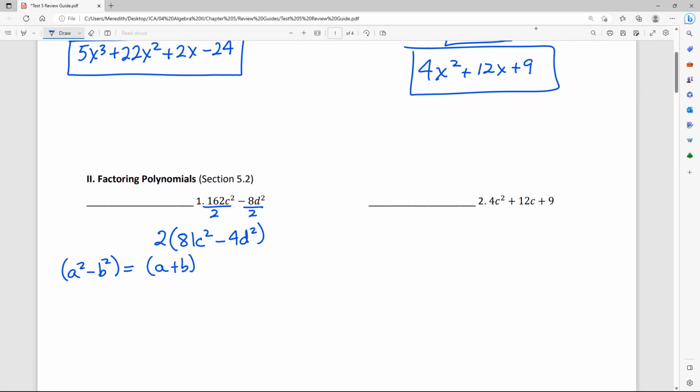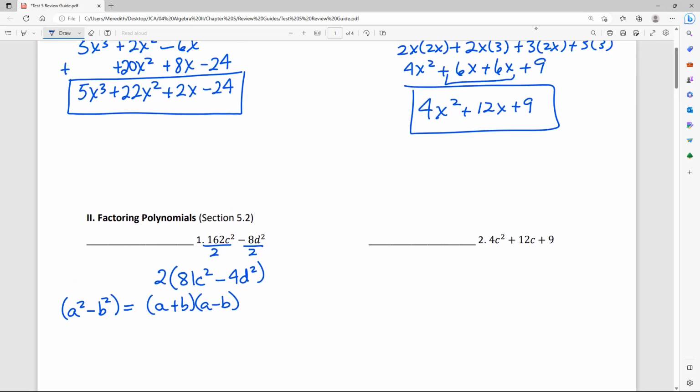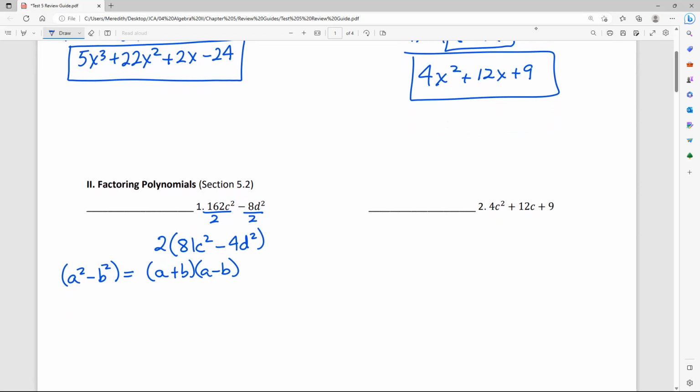It's a product of conjugates, because the middle term, like if you look up here, the 12x or the 22x or the 2x, those cancel each other out because one's positive and one's negative. So this is the pattern, the formula that we're looking at here.